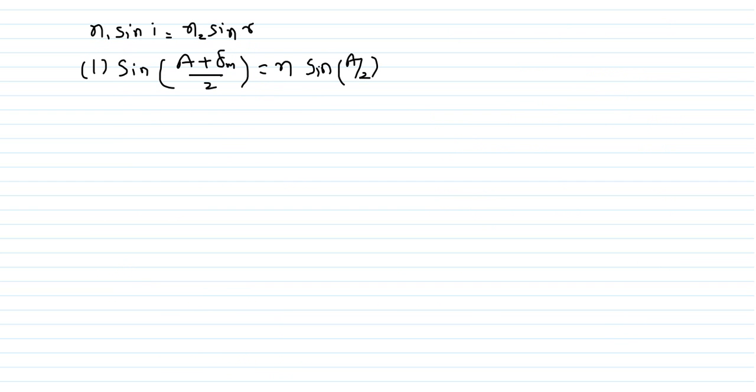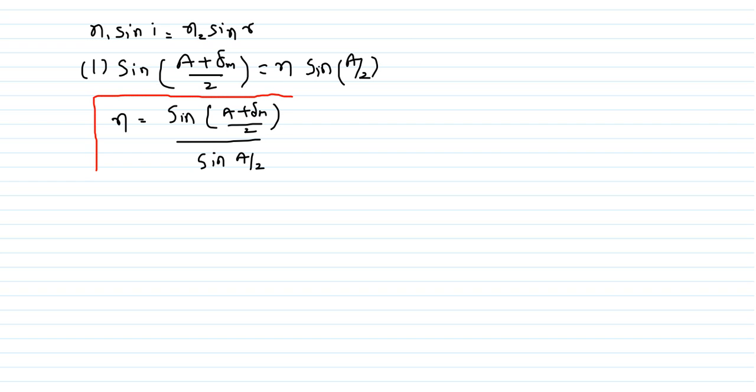Therefore eta is equal to sine of A plus delta m by 2 upon sine of A by 2. Okay, so it is also one of the very important derivations, that is the refractive index of prism, that is eta is equal to sine of A plus delta m by 2 upon sine of A by 2.